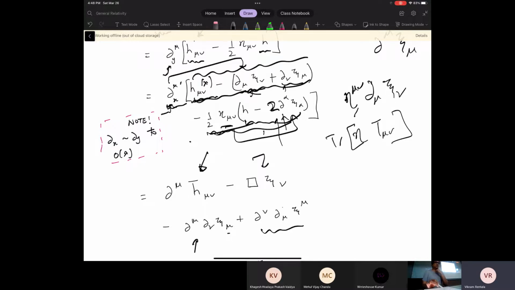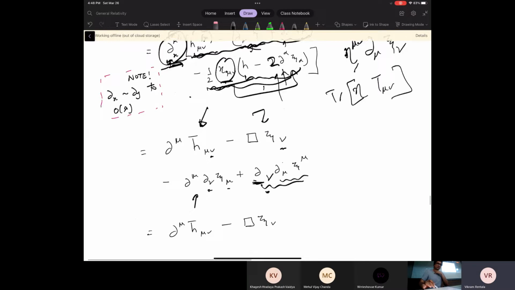This eta mu nu becomes partial nu when I multiply by this. So this acting on this gives me lower partial nu, partial mu psi mu. You see at the end of it, I have only one free index, which is nu, the lower index. The mu index is summed in every term.